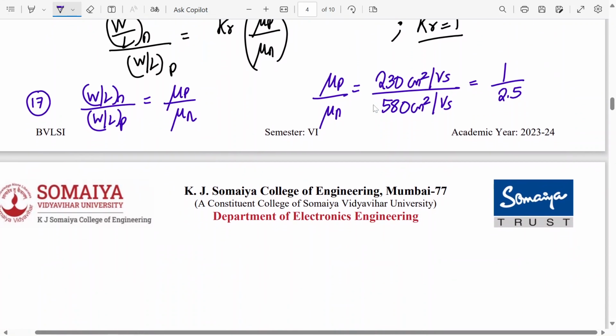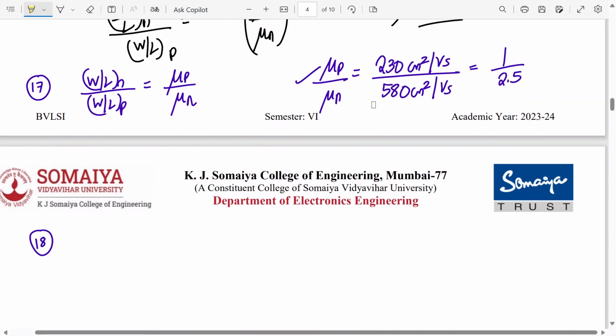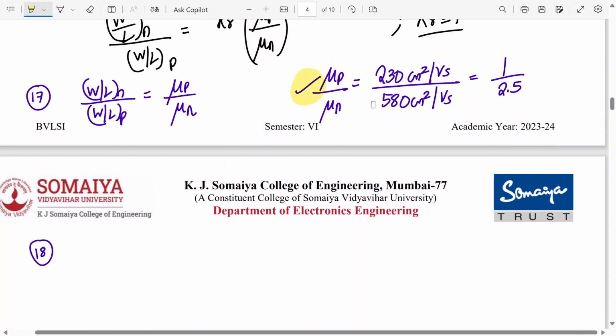So we can say over here that next step will be, if I consider this mobility, 1 upon 2.5, then what can I say? W by L of PMOS transistor is almost 2.5 times W by L of NMOS transistor.